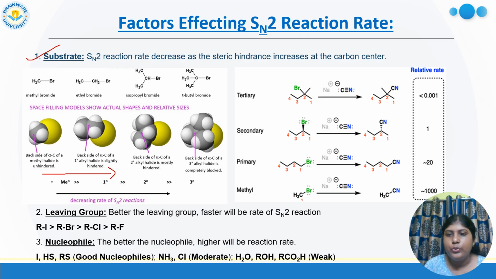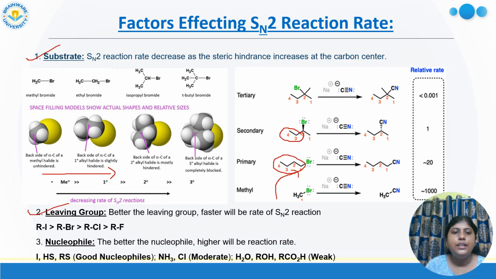So with increasing the bulkiness of the alkyl group, the rate of the reaction gradually decreases. Rate of SN2 reaction gradually decreases because it is very difficult for a nucleophile to approach from the back side. So with increasing steric hindrance or increasing bulkiness of alkyl group, the rate of SN2 reaction decreases.